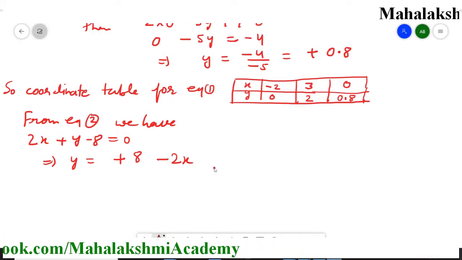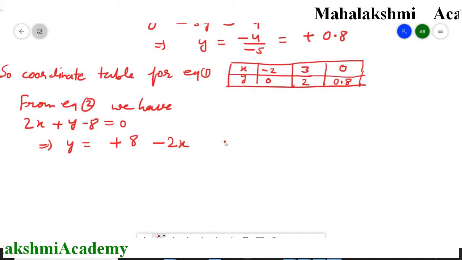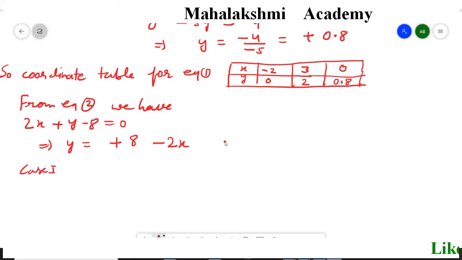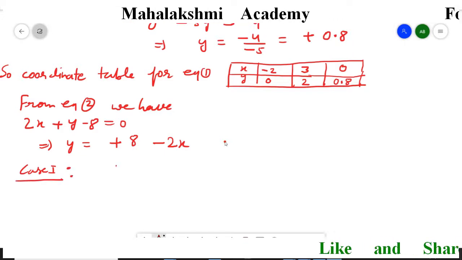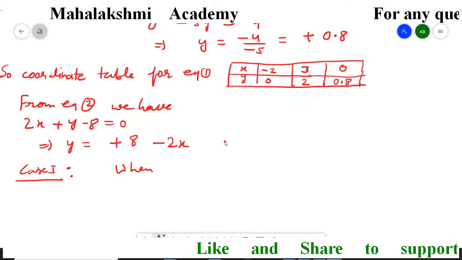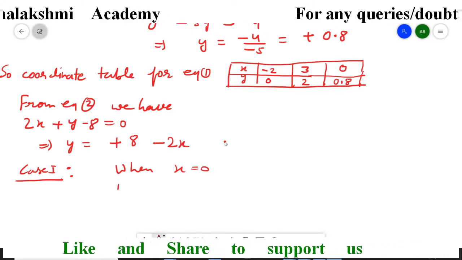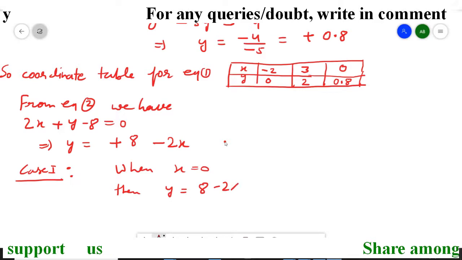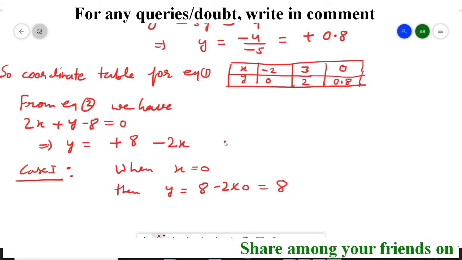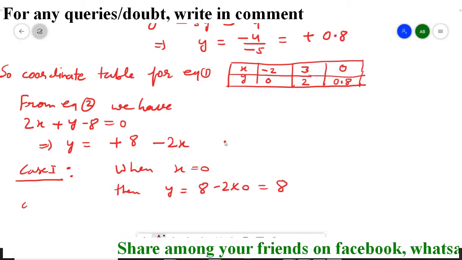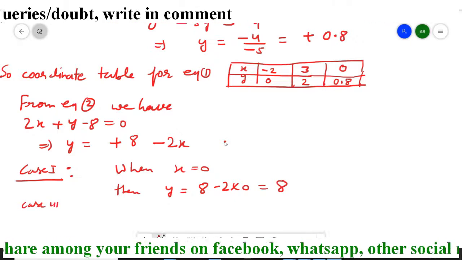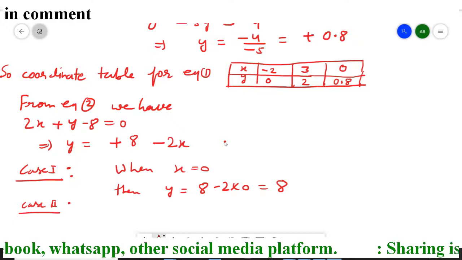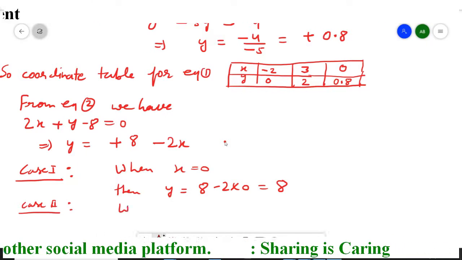Now all three cases we are going to take. Case first, when x is equal to 0, then y is equal to 8 minus 2 multiplied by 0, which is 8. And now case second, what went wrong, case second we have to calculate. So in case second, some other value is taken.